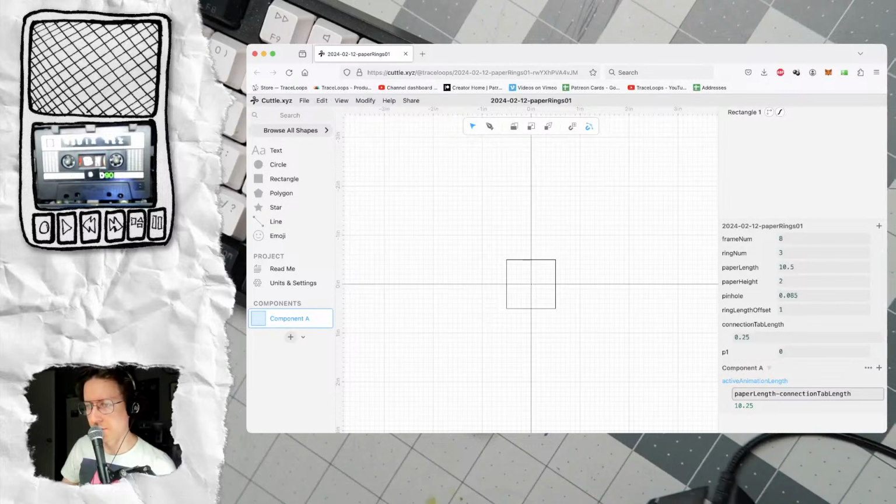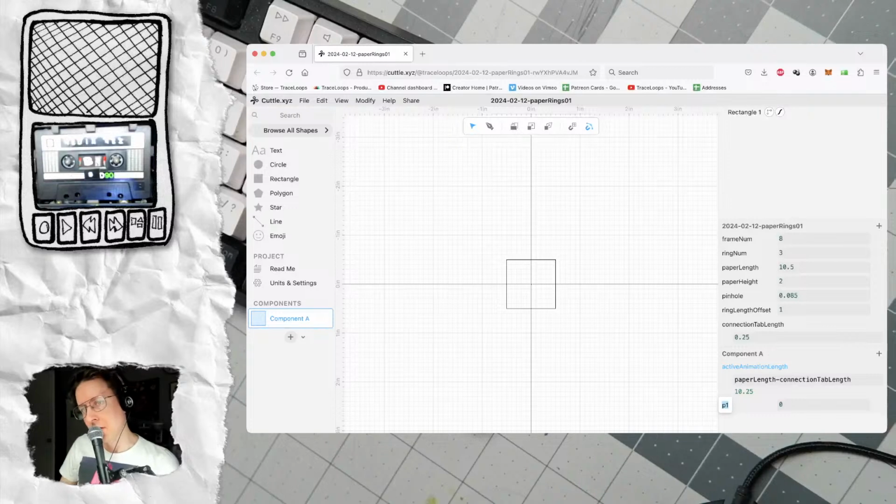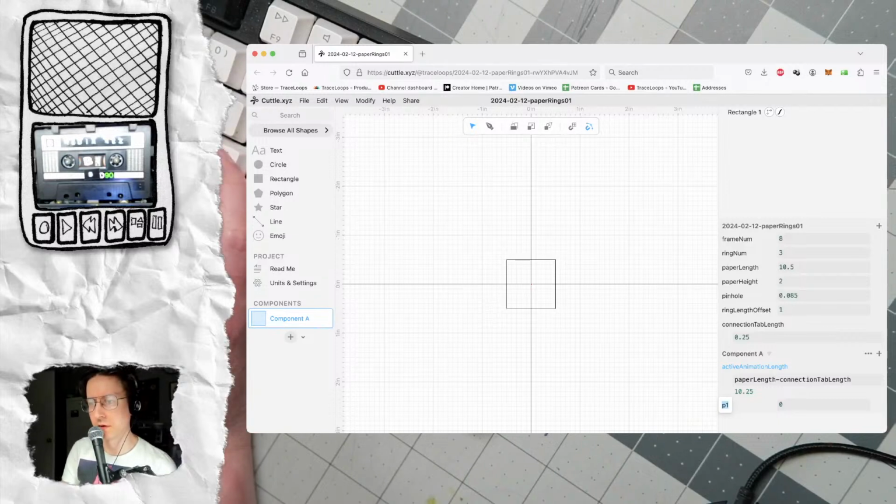That's okay for now, but I need to delete this parameter and ring animation frame is frame num.